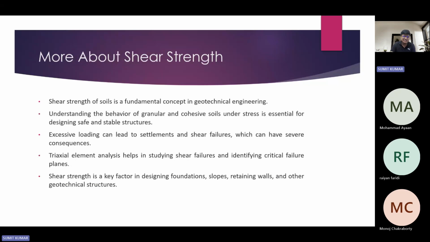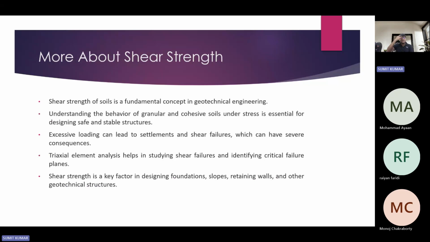soil investigations. Talking more about shear strength, it is important to mention that the shear strength of soil is a fundamental concept in geotechnical engineering, and understanding the behavior of granular and cohesive soil under stress is essential for designing safe and stable structures. Excessive loading can lead to settlement and shear failure, which can have severe consequences.